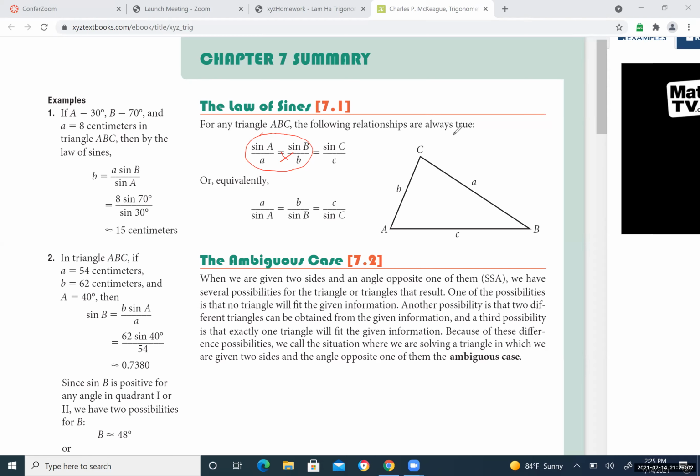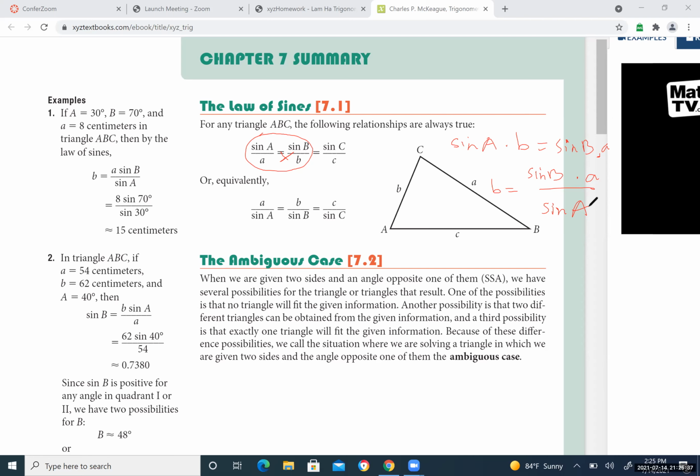So which means you're going to have sine A times b equals sine B times small a. And then to find b, as I just mentioned, you divide both sides by sine A. So b will be equal to sine B given, times a, divided by sine A. And you have the solution for small b.